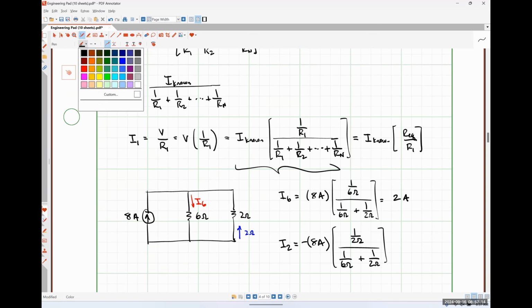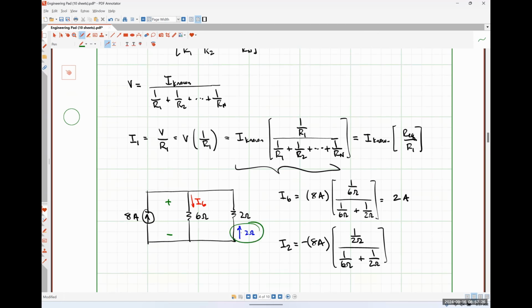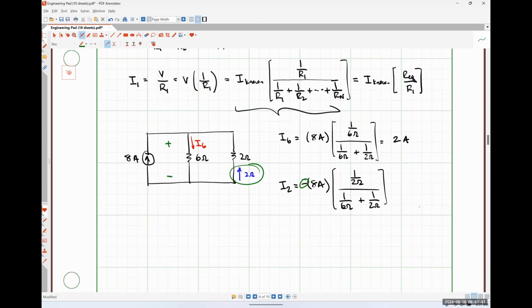For what it's worth, another way to think about it: if we put the positive polarity terminal at the head of our current source arrow, the 2 ohm resistor current is flowing into the negative polarity terminal, and so it gets a negative sign. So this is simple current division. Now let's complicate things slightly and see what we can do with it.